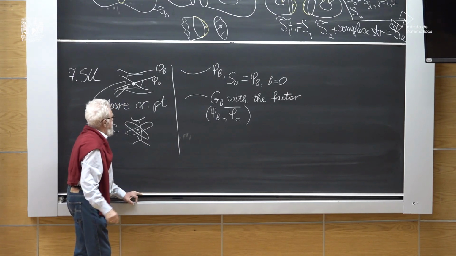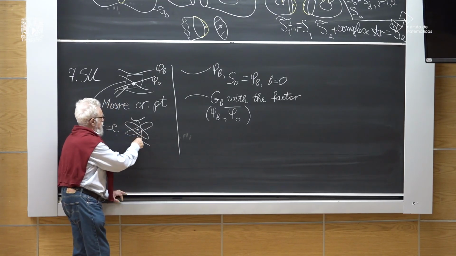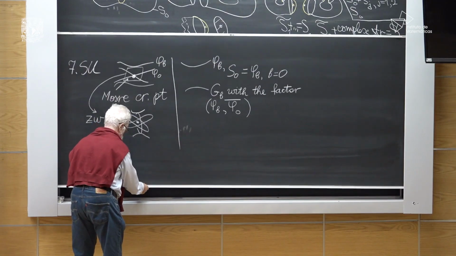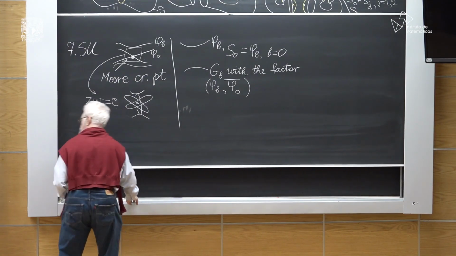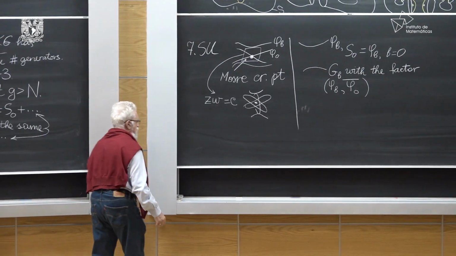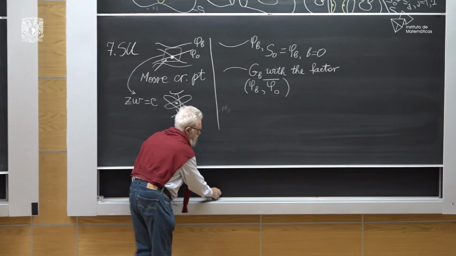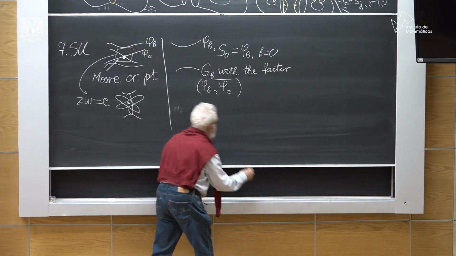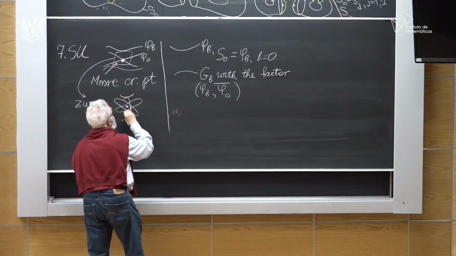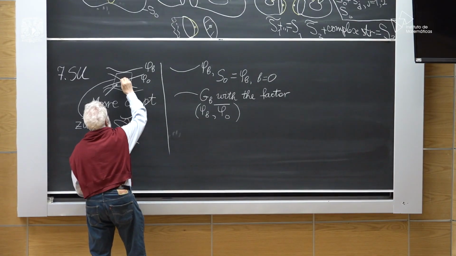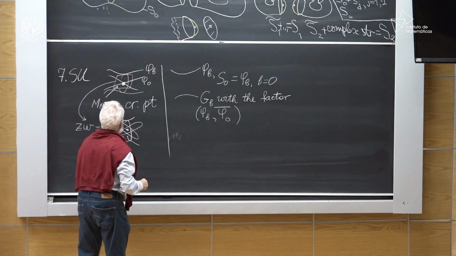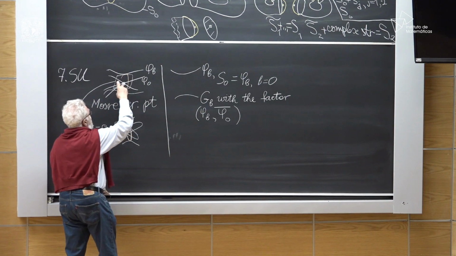Notice that in the neighborhood of the Morse critical point, you have this vanishing cycle. And when you cut phi b along this vanishing cycle, you get two holes.